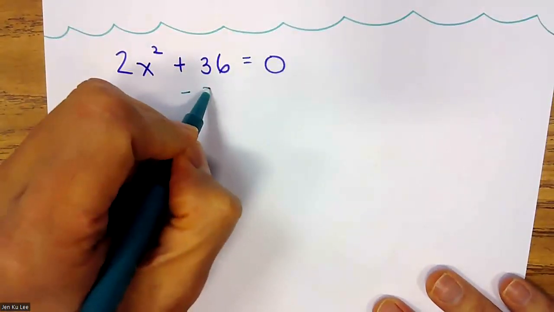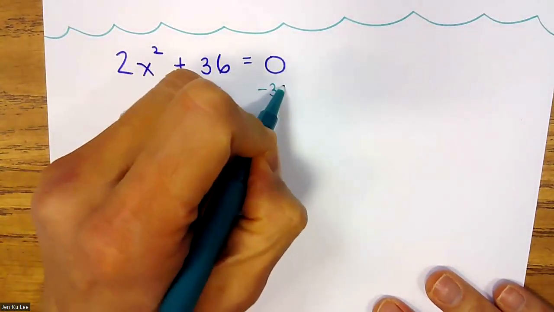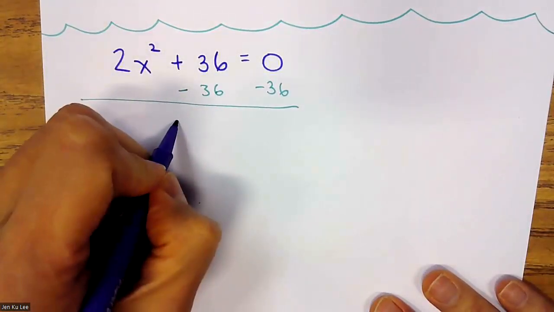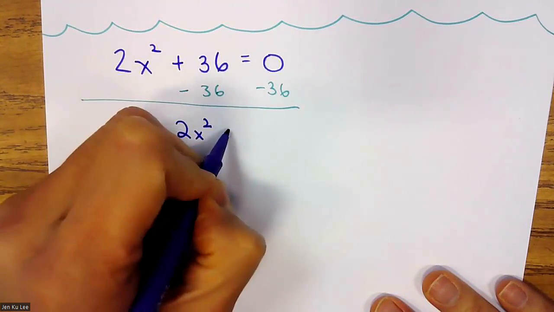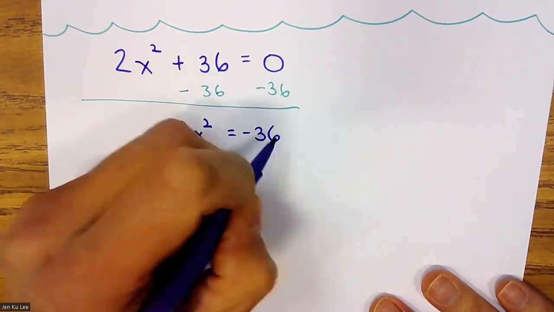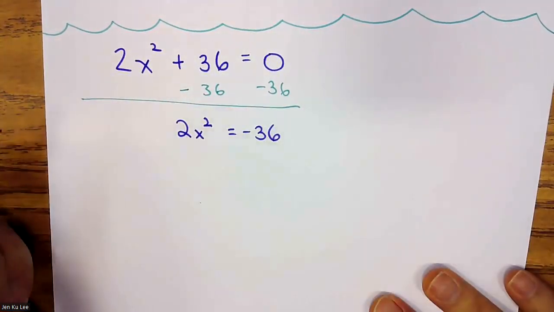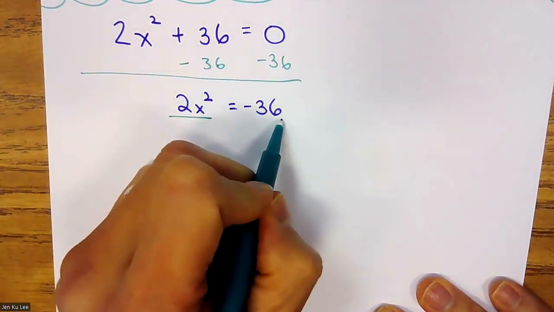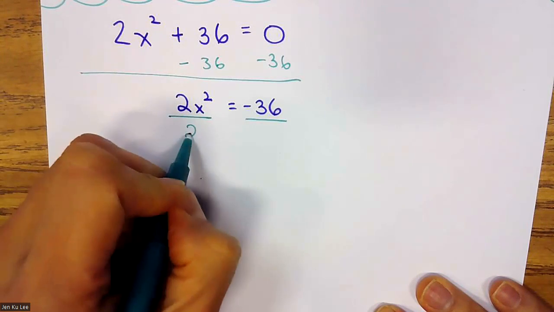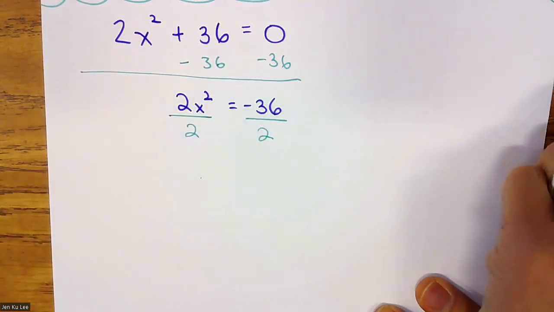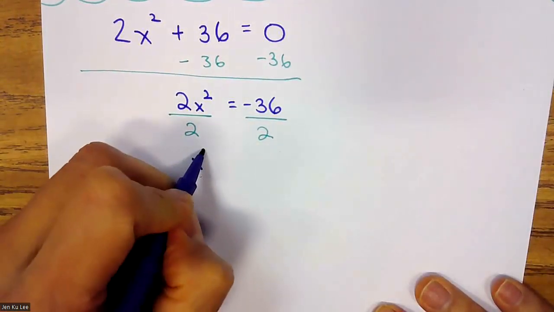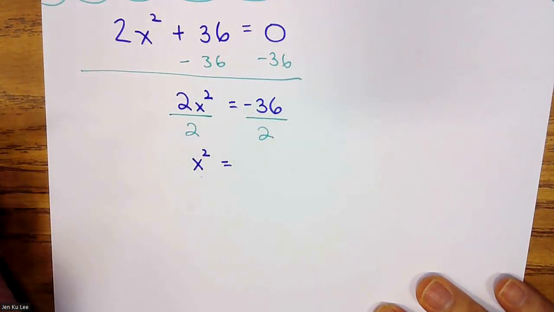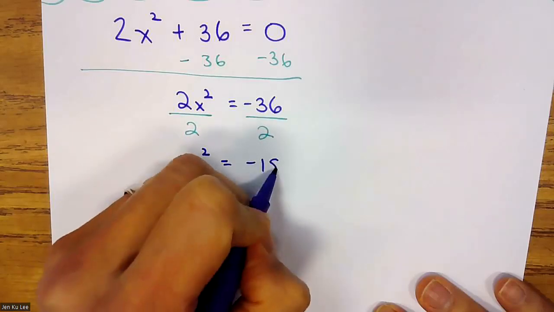I subtract 36 first, right? And then I have 2x squared equals -36. And then what? Divide both sides by 2. Okay. So then that's x squared equals, what's -36 divided by 2? -18.